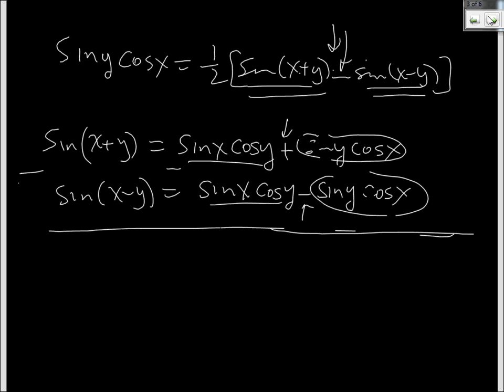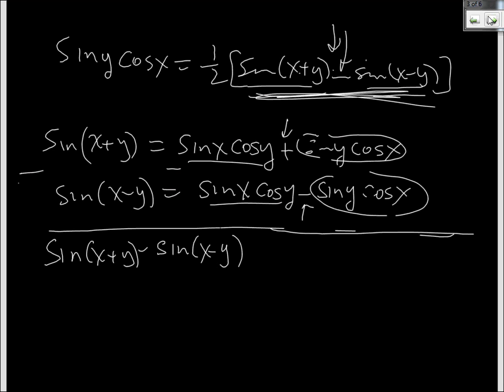So we have the 2 identities below, and this time we are going to subtract them. The left side is going to be sine of x plus y minus the sine of x minus y. Looking good. I have almost the whole right side. I could easily multiply by a half and have the right side. And on the other side, when I subtract, since what I have underlined are exactly the same, you'll get 0.